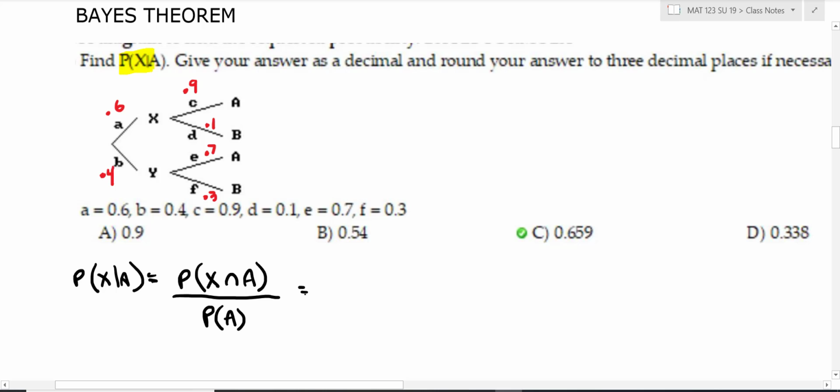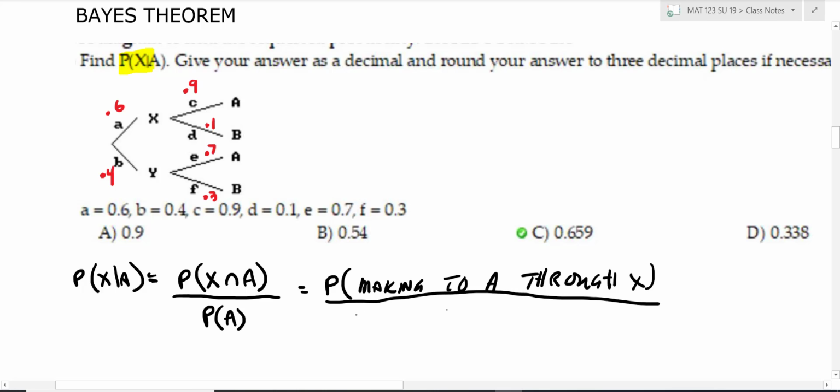Okay, so first of all, you would just want to look at this. What this means is you want to end up at A going through X. So I'm going to write this as the probability of making it to A going through X, and then the denominator is just going to be the sum of the probabilities of getting to A. Okay, so sometimes it's good to understand how this goes in words.